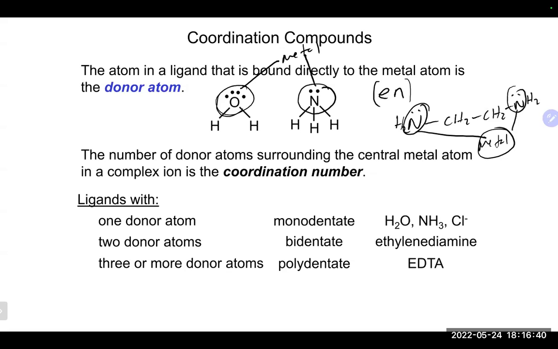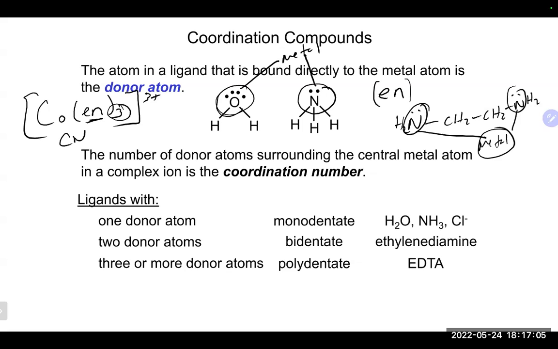And that affects the coordination number, because if I had something like this, I want to know the coordination number here, what would it be? This is my ligand. There are 3 of them. Each of them bind in 2 places.